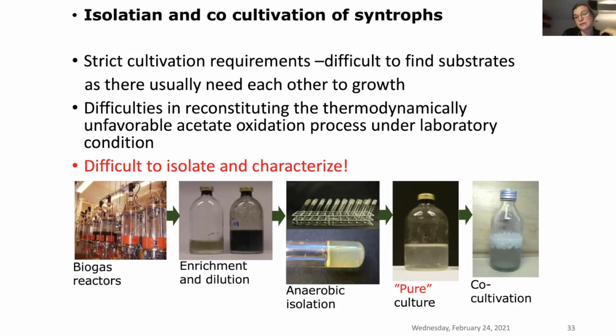And then you put them together in a new bottle under anaerobic condition and look if they start to produce methane. And then you have proven that this syntrophy exists. We have only 2 examples for acetate oxidation worldwide. More we don't have isolated, because it's more or less impossible.